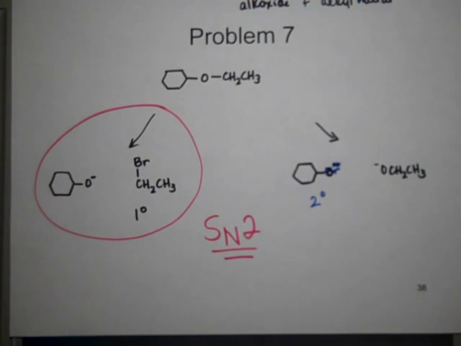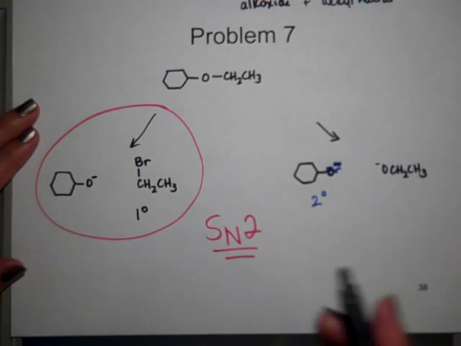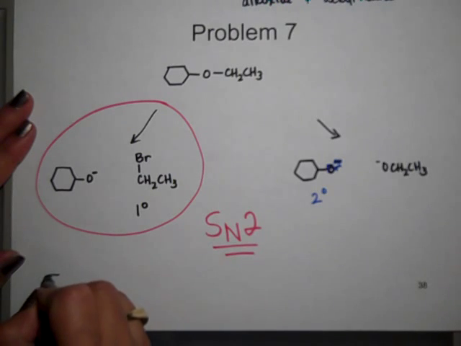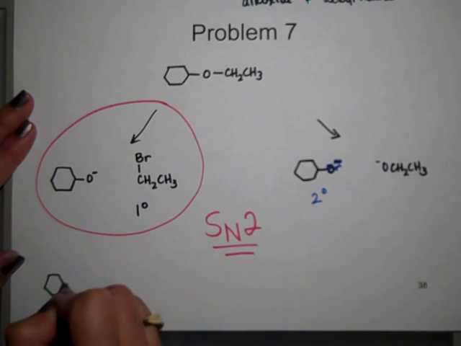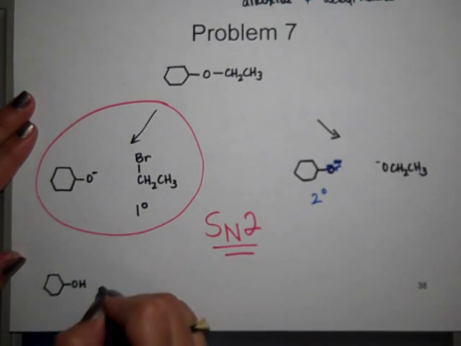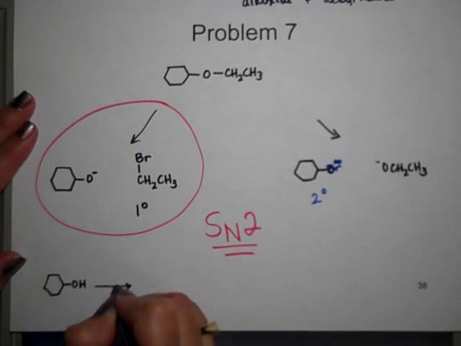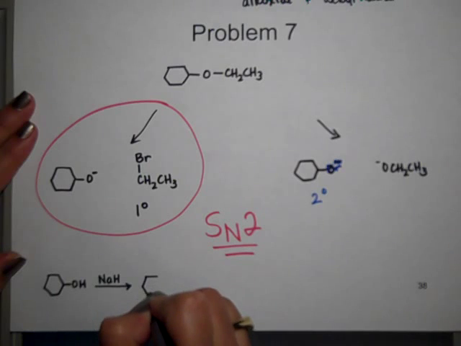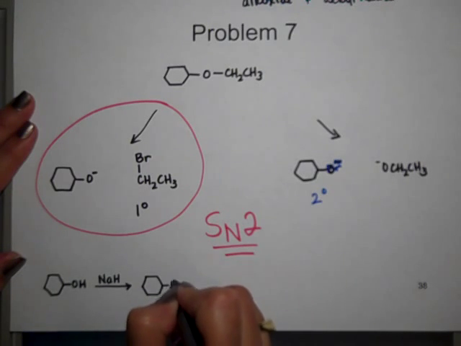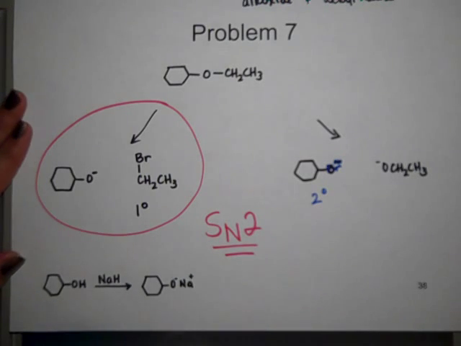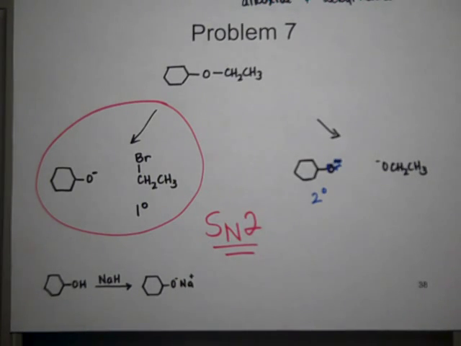But we're not done. Now you have to actually make this, and we're going to use reactions that we have learned before. So we're going to take the alcohol. In chapter 10, we learned that if you add sodium hydride to the alcohol, you deprotonate the alcohol. I like to put my charges, you don't have to.